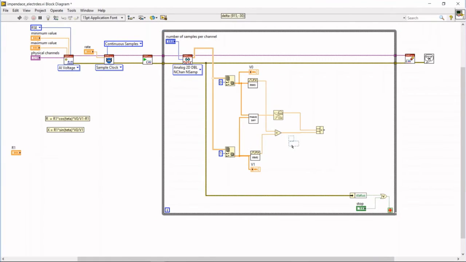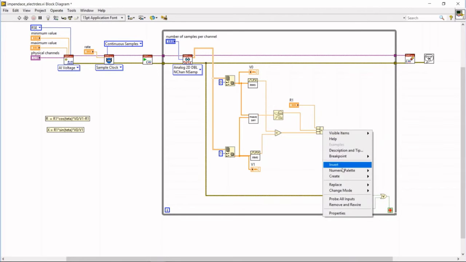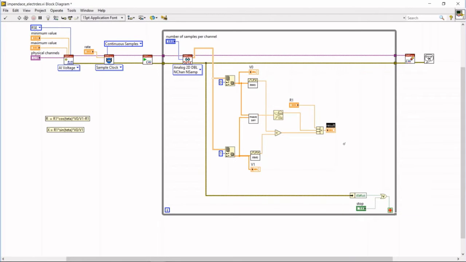Here it is. Okay, so that is that for the X. I think I inverted the... Okay, so create indicator X in ohm.